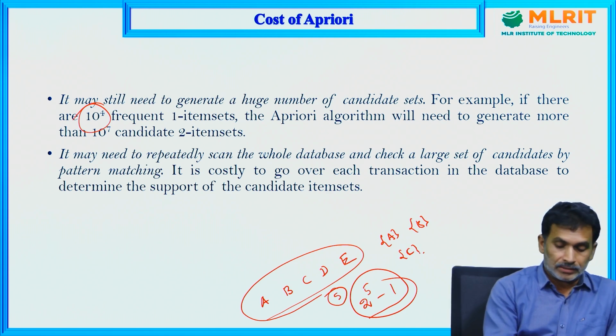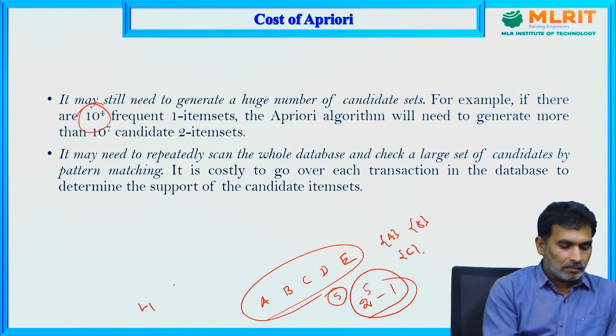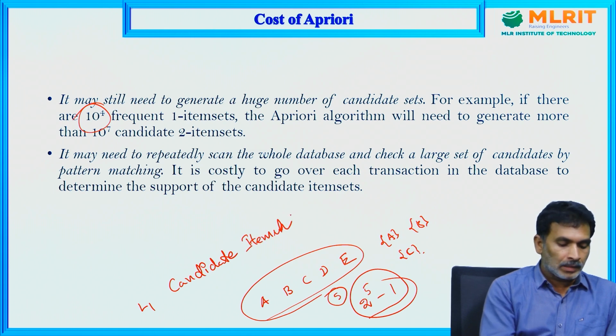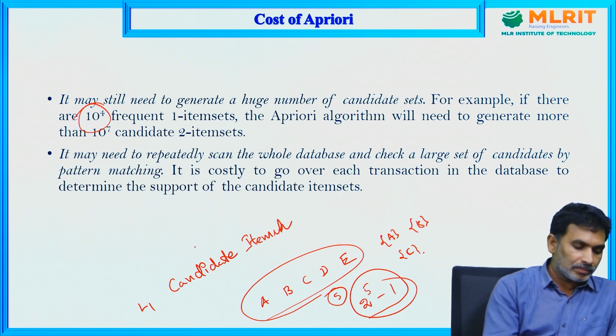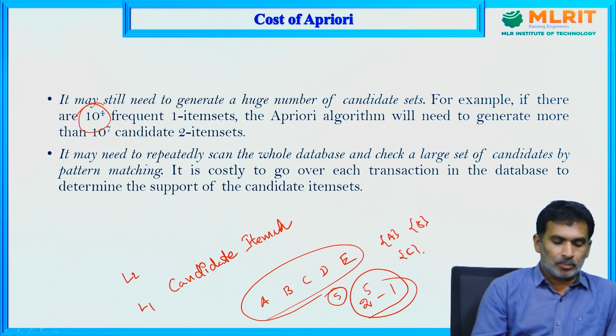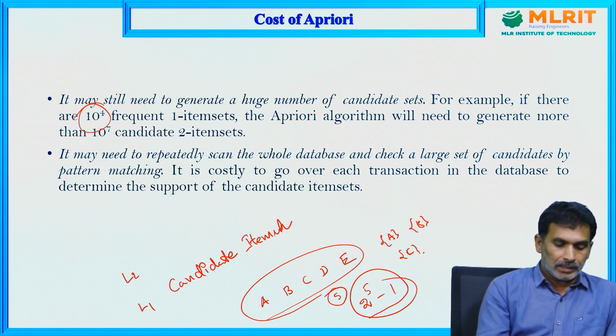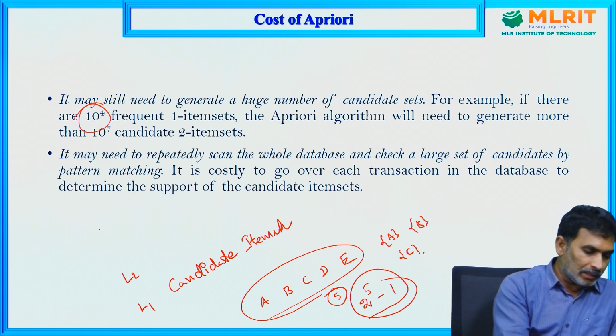As we discussed, it's a generate and test approach. So level 1 will generate the candidate item sets, and then we'll test, and then L2 test, and again we'll generate the candidate item sets and test like this. So this process needs to be repeated till the last level.